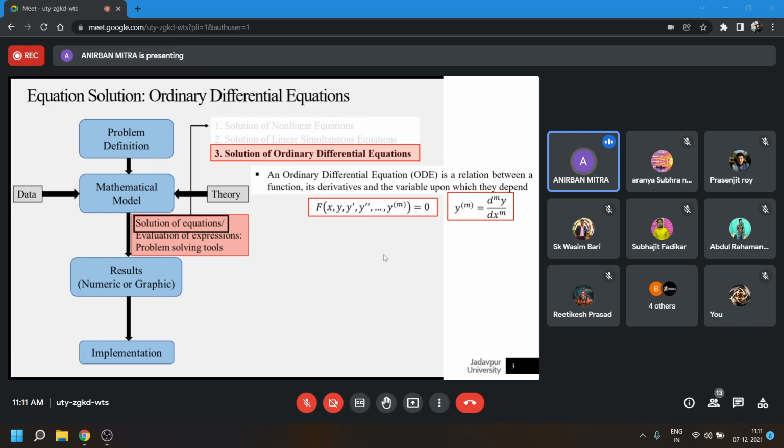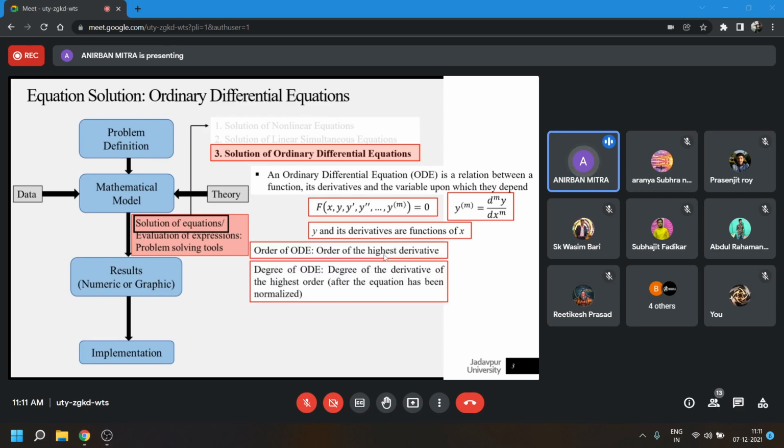Here, m is the highest order of the derivative present in this relation. Needless to say, both y and its derivatives are functions of x.